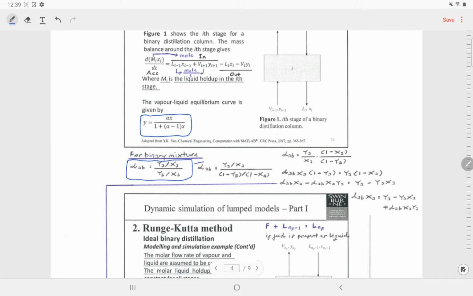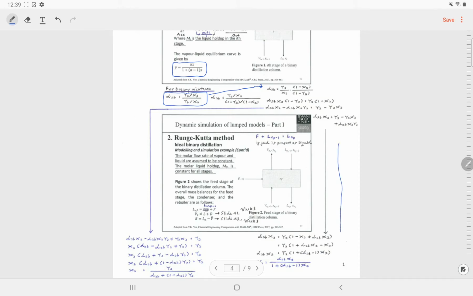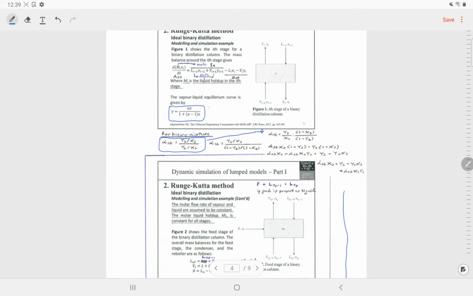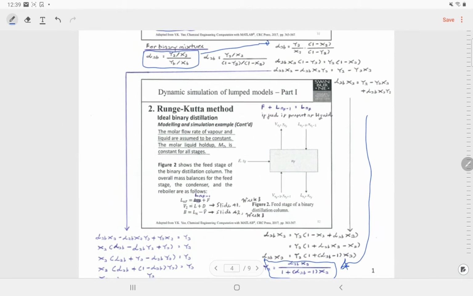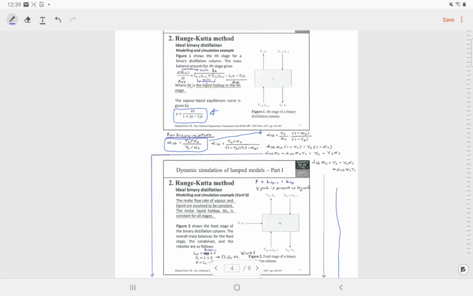As you go through here and continue, you will get this term. Just note that in these equations we have skipped the subscripts of AB and A, but this one is actually the same.